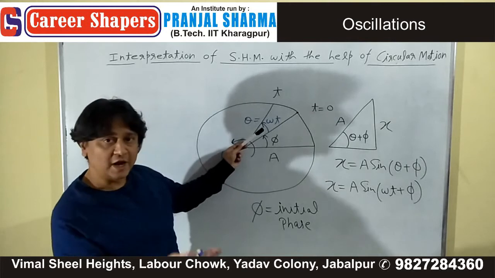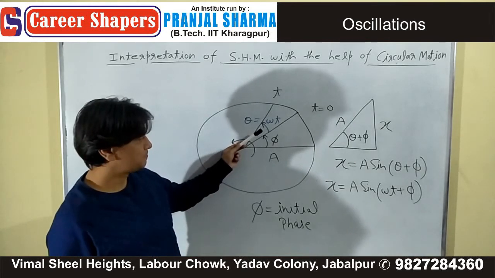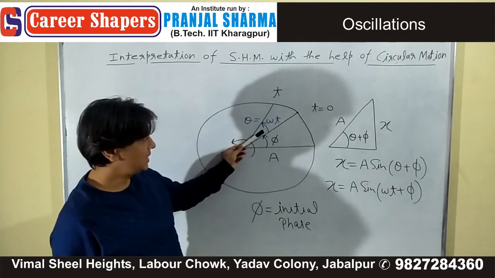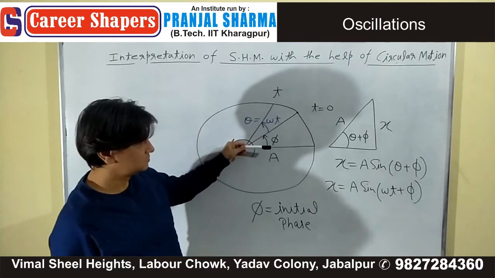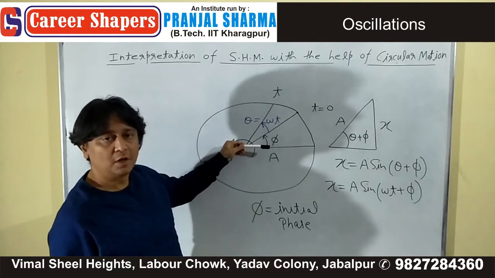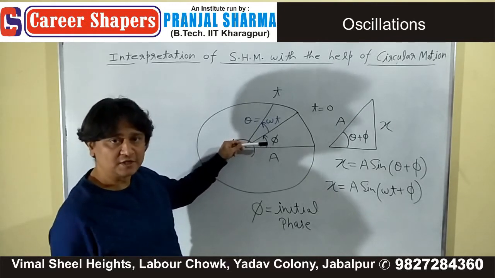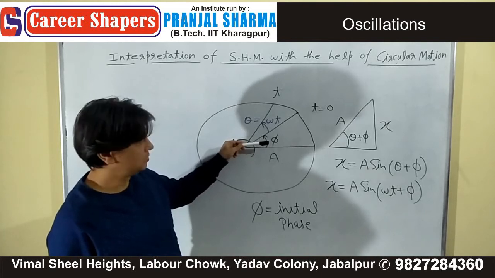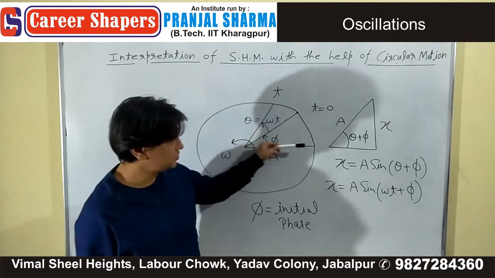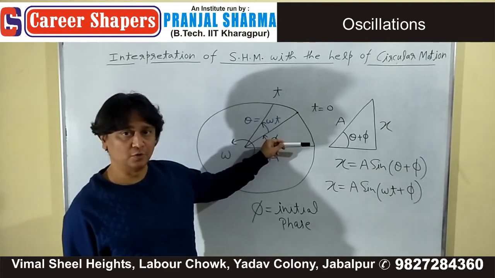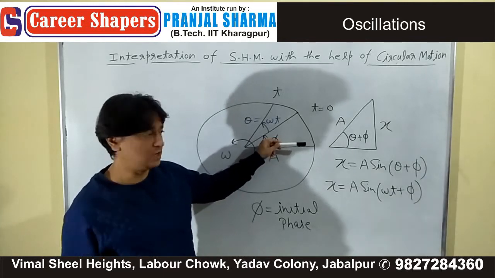Now, the case which you saw in the previous part, in that the rod was like this at t equals to 0, which means you will say that initial phase in that case was 0. If rod starts from this position, then you will say that initial phase is 0, which is called case 1.